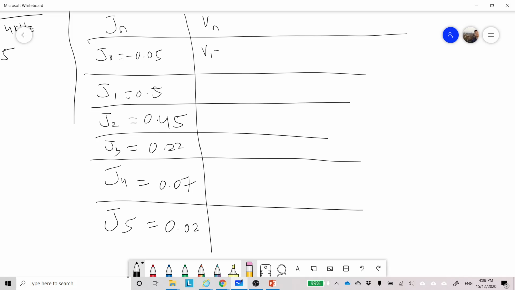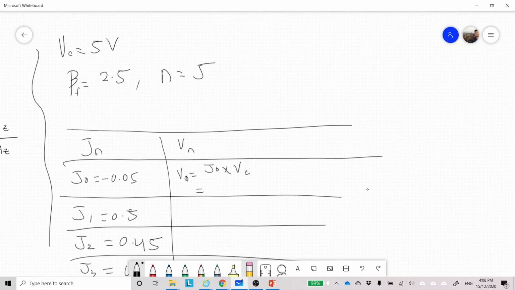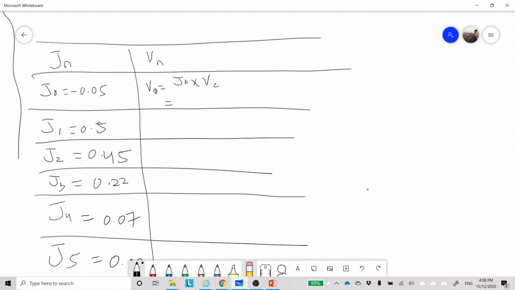So V0 is equal to J0 multiplied with Vc. Vc is given as 5.